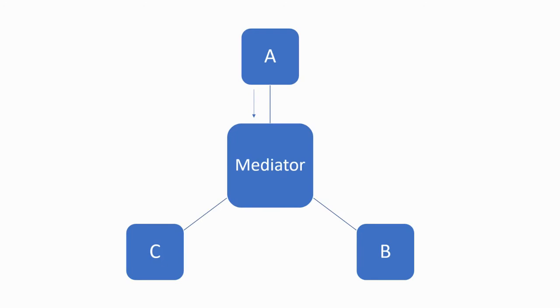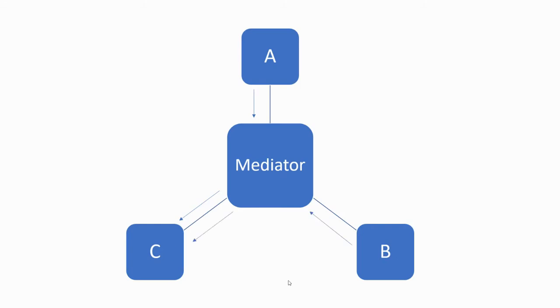So, for example, if the functionality that module A is looking for is offered by C, the mediator talks to module C and the data is given back to A. But A should not have any knowledge of module C at all. Again, if module B is looking for some functionality that only C is offering, B has no knowledge of module C at all.